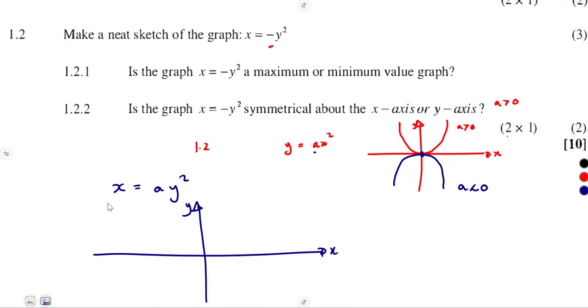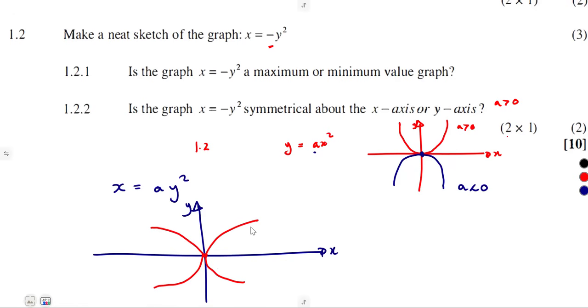X is equal to ay squared. Our graph is now going to be limited to the y-axis. So we're going to have a shape on this side, and another one this side, which is below the y-axis. So these are the two shapes that we must consider passing through the origin.